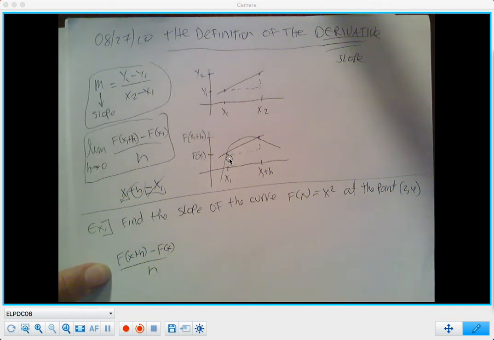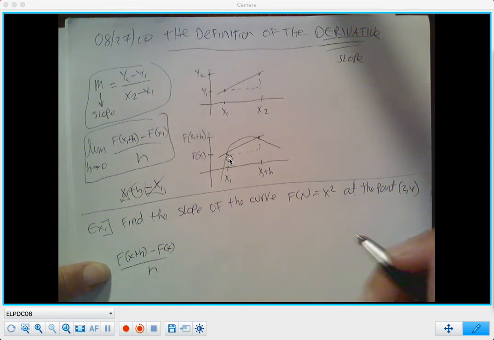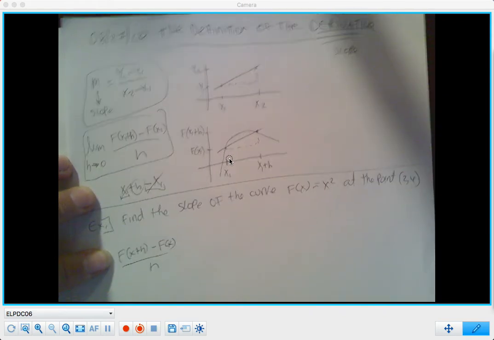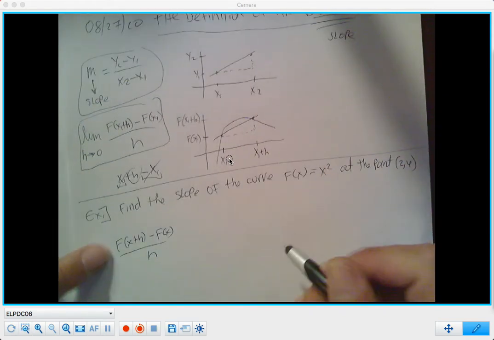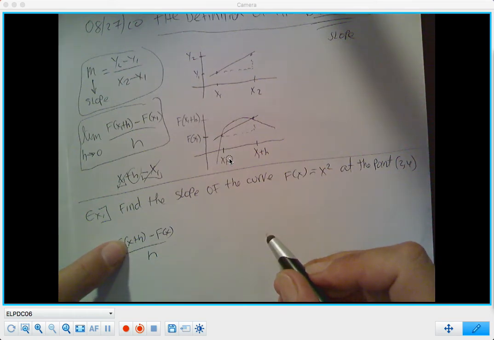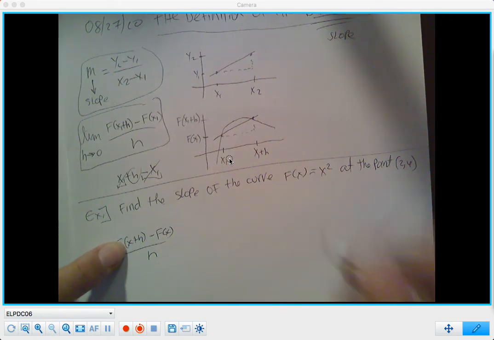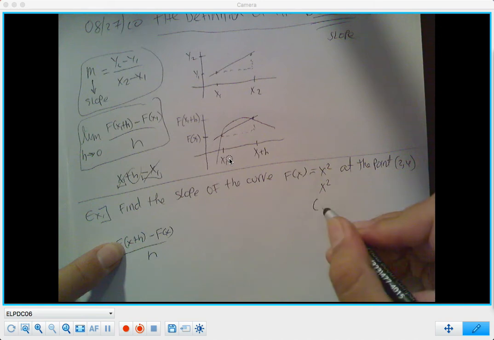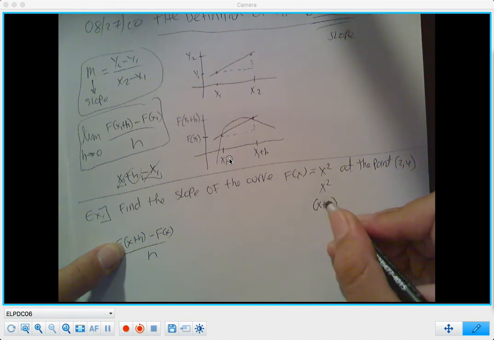So now this is where it gets a little confusing, and people get confused. So look, this is saying basically the function of x plus h. Our function is x squared. So they're saying, look, instead of plugging in any number, you're going to plug in x plus h inside your function instead of x.